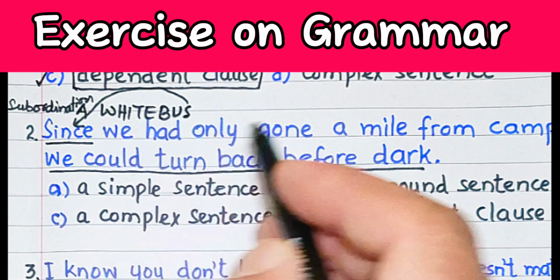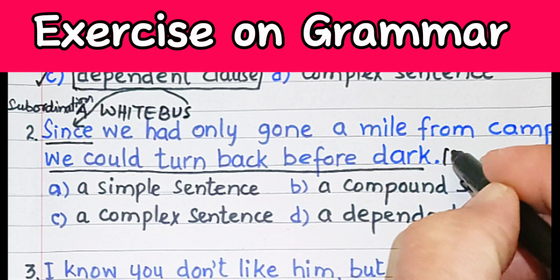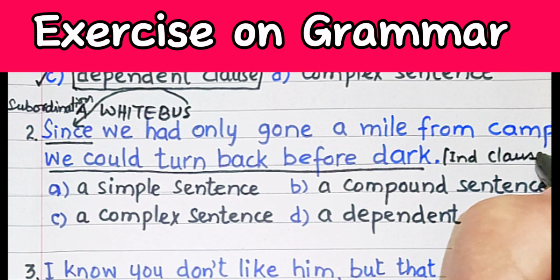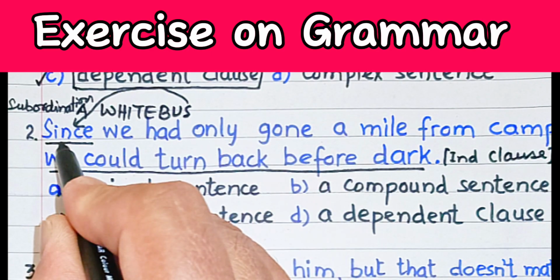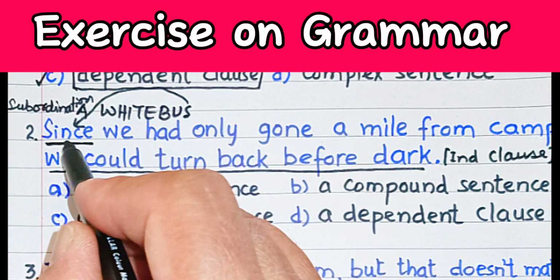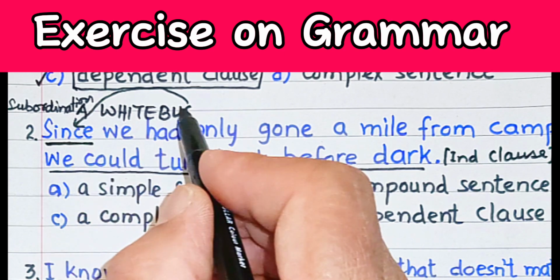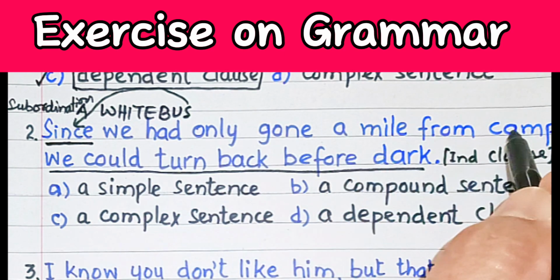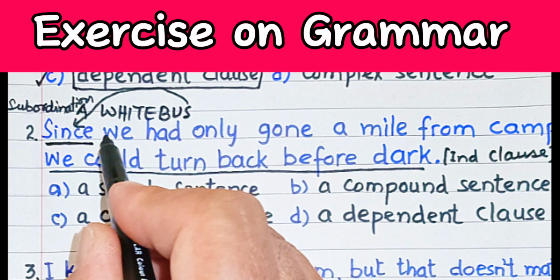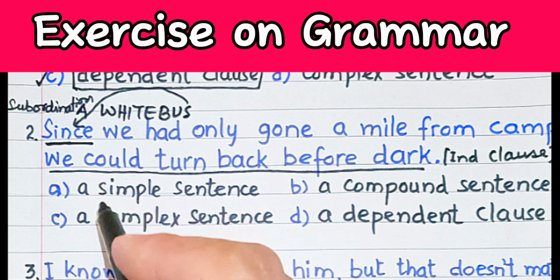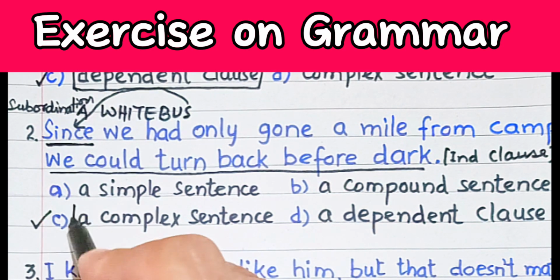So in this case, the second one is an independent clause, but the first one that is being driven by this particular subordinating conjunction, that is since we had only gone a mile from camp, is a dependent clause. So one dependent clause followed by an independent clause is to be called a complex sentence.